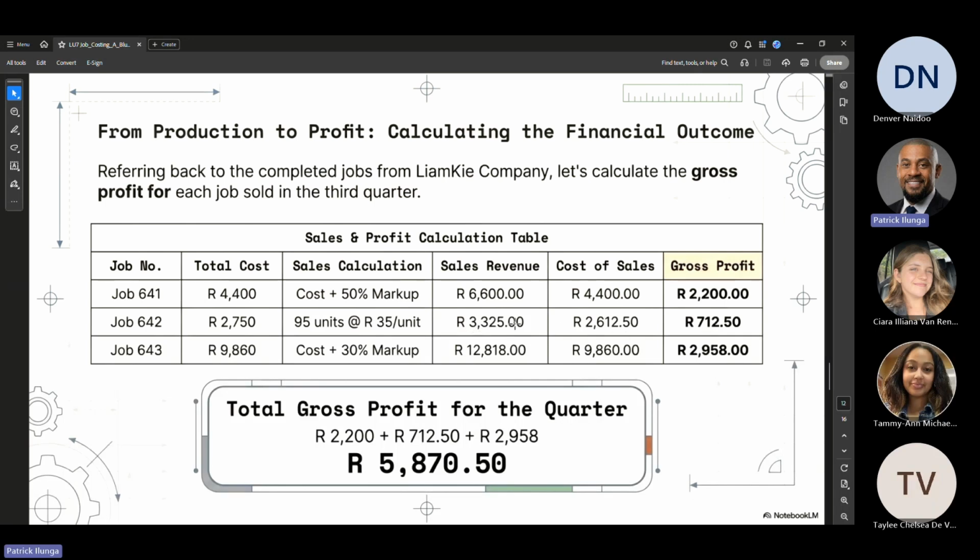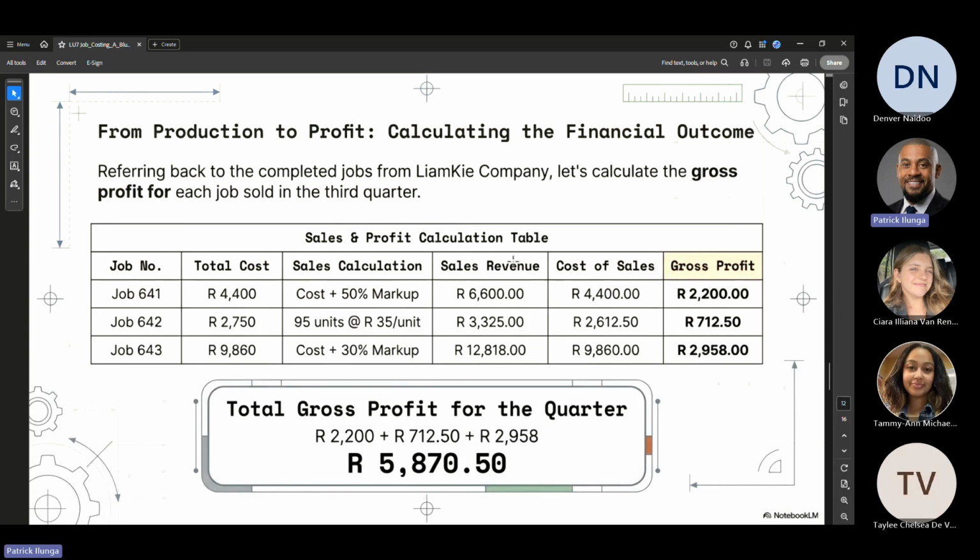And that's the reason why when we're going to do the cost of sales, do you see the total cost? Do you see that this cost is exactly this cost here?